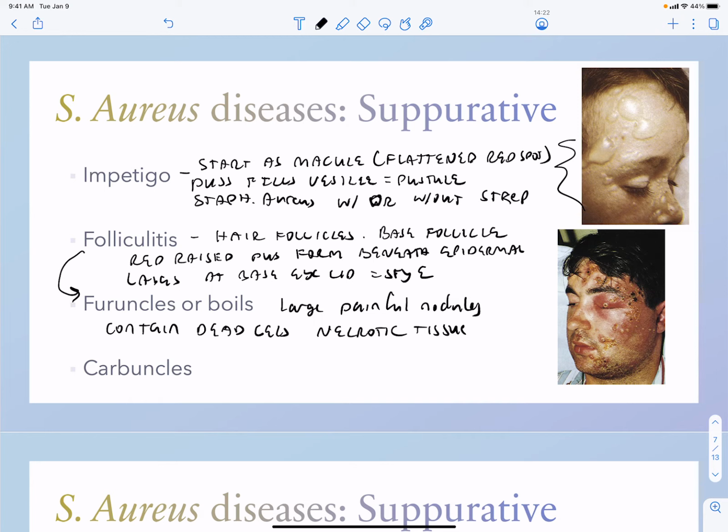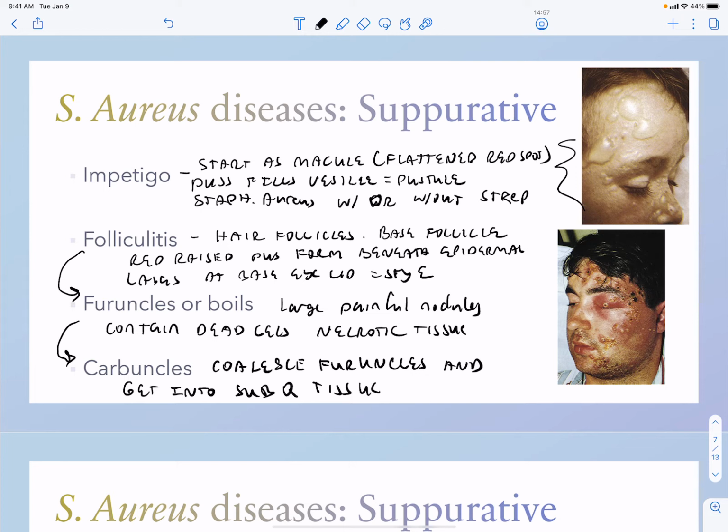And then carbuncles are going to occur when the furuncles coalesce and get into deeper subcutaneous tissue, so sub-Q or subcutaneous tissues.